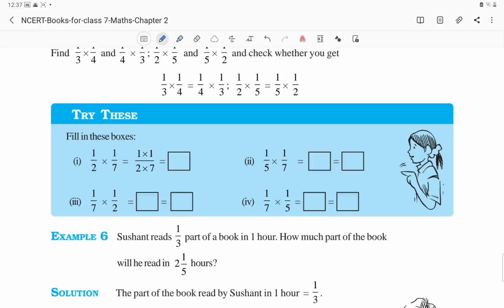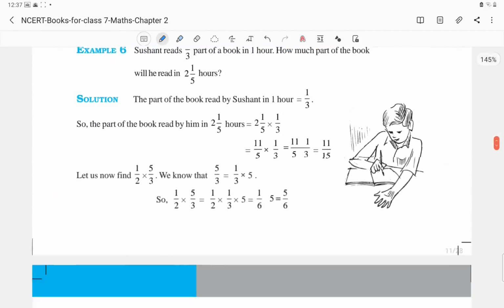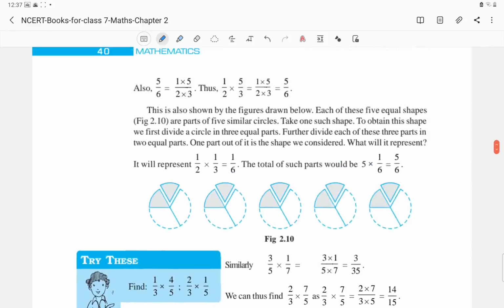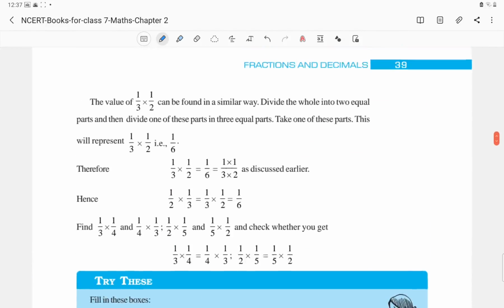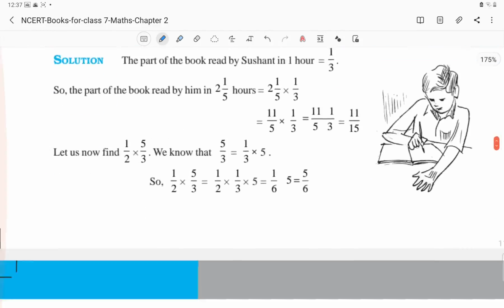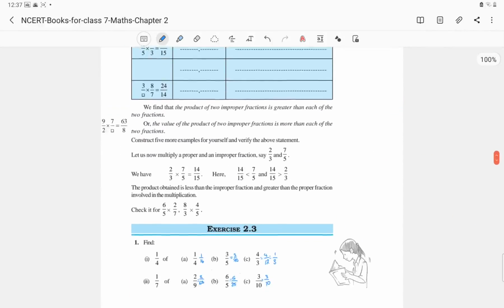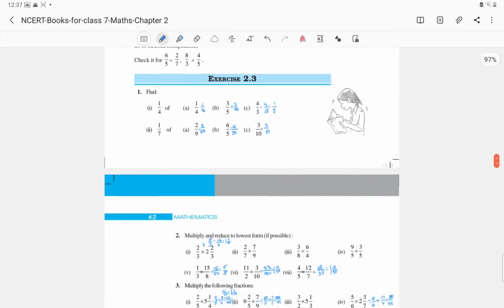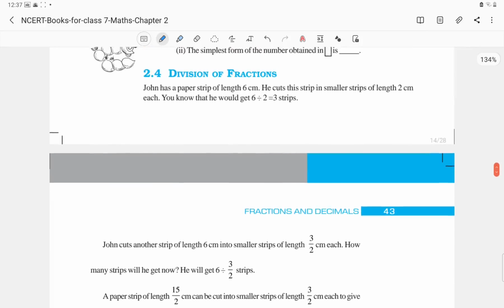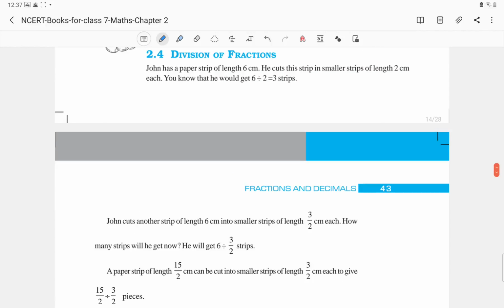If not, that's fine. It's just a little fun thing to do because times tables are really easy. Next lesson we'll be doing, what will we be doing? I think we'll be doing decimals next. No, it'll be division, won't it? Division of fractions next. So we will be going on to page 43.